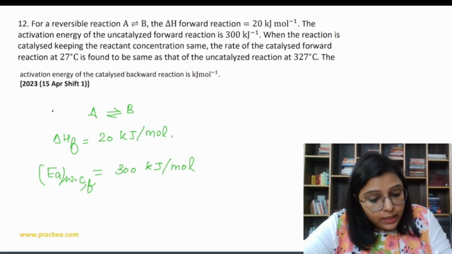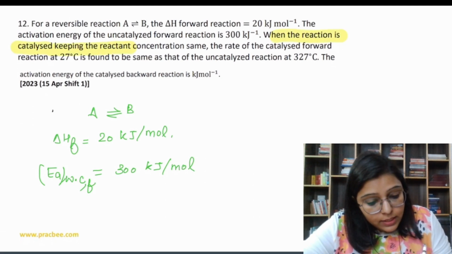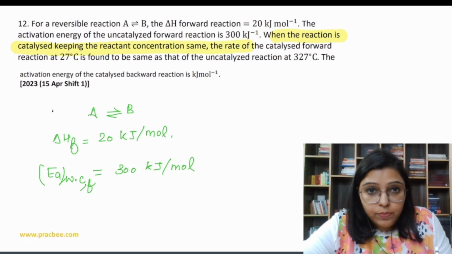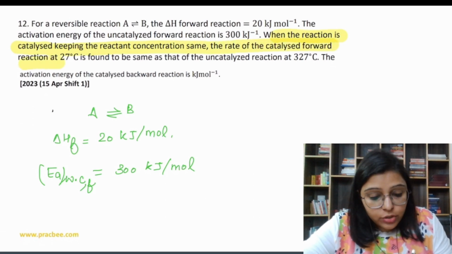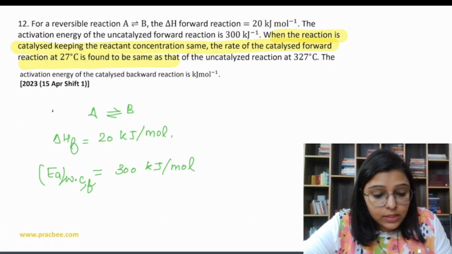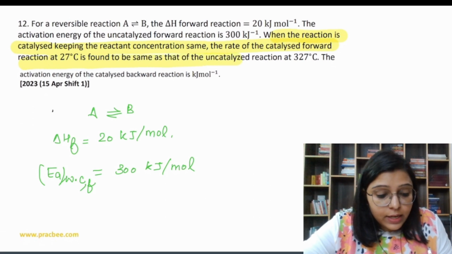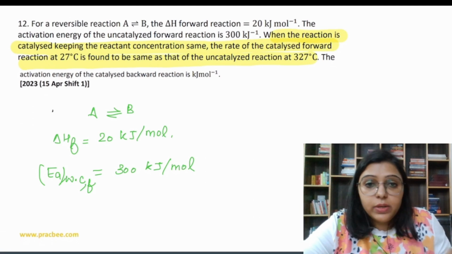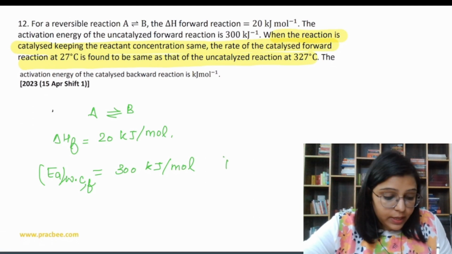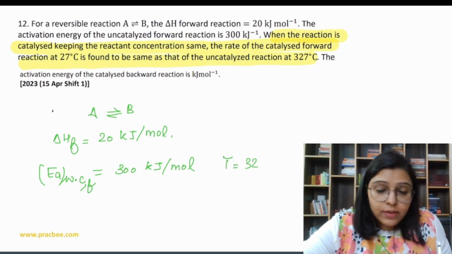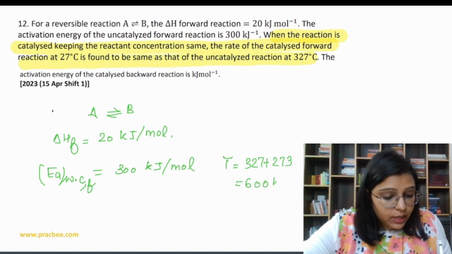Question says when the reaction is catalyzed, keeping the reactant concentration same, the rate of the catalyzed forward reaction at 27 degree Celsius is found to be same as that of uncatalyzed reaction at 327 degrees Celsius. It means here temperature is 327, so 327 plus 273, which is equal to 600 Kelvin.